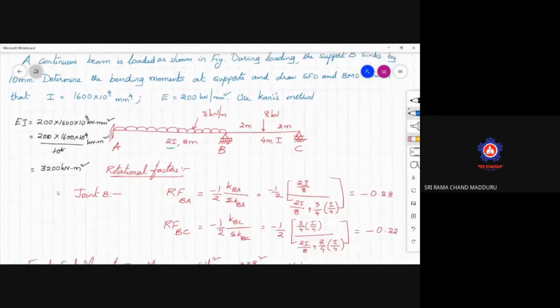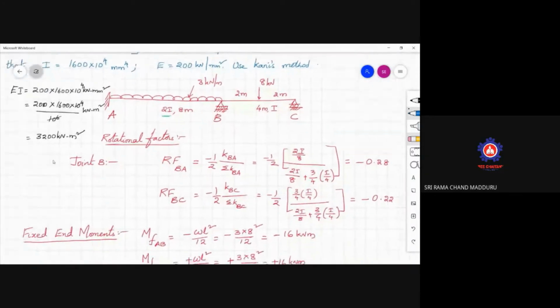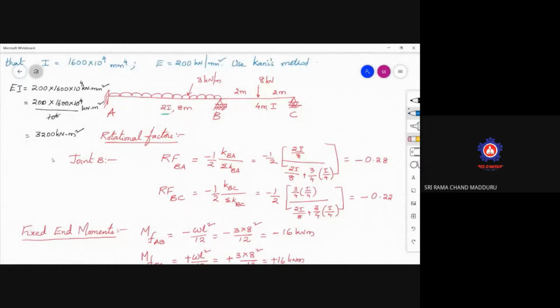Initially, calculate the rotational factors. See, the rotational factors we already know how to calculate, which is nothing but minus half of the relative stiffness of the member by the relative stiffness of the joint. Here, the relative stiffness of the member for AB is I by L only. Why? Because both the ends are fixed. Whereas coming to C, there is a reduction in the stiffness due to the roller support.